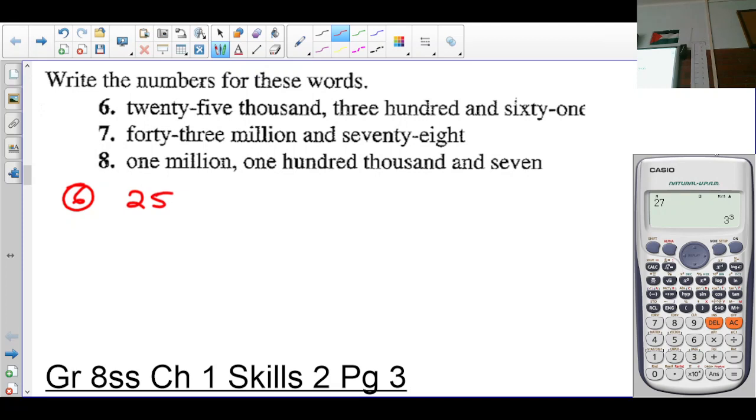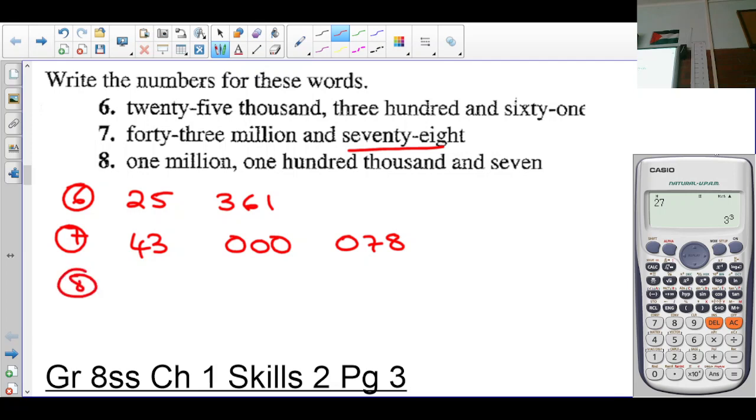So what do I write? 361. Number 7. 43,078,000. So what do I write? 43, 0, 0, 0, and 78. So 0, 7. 43 million and 78. Don't have to be that far apart, no?